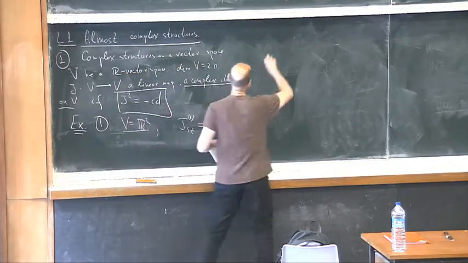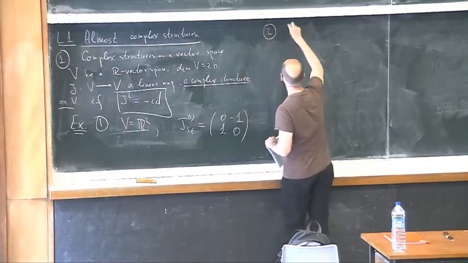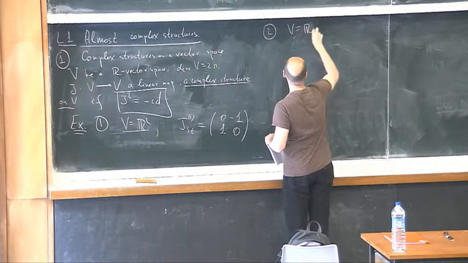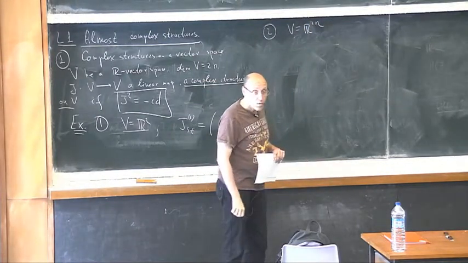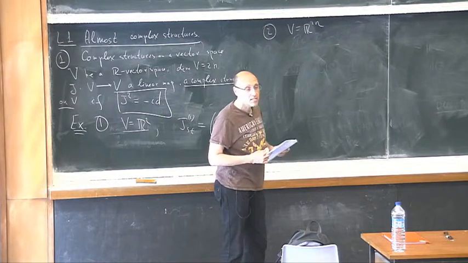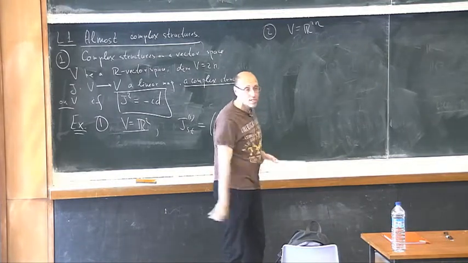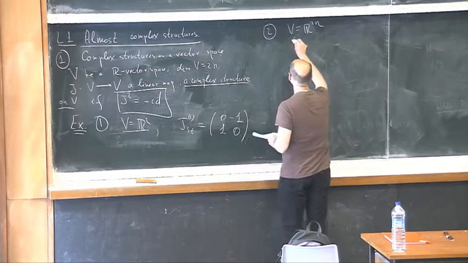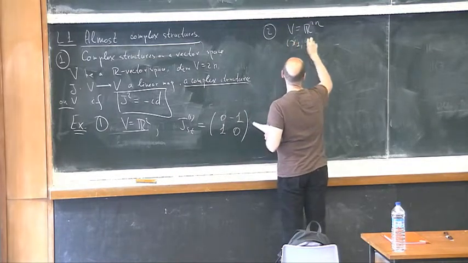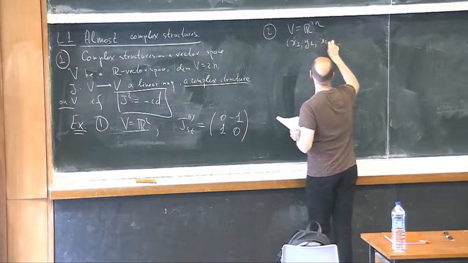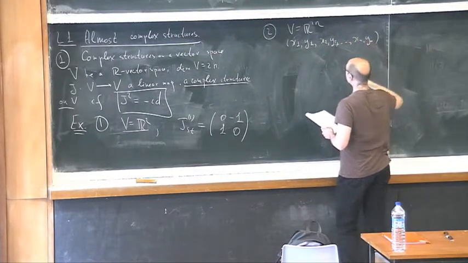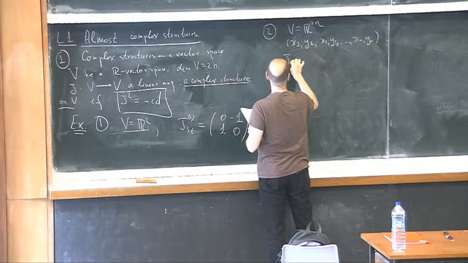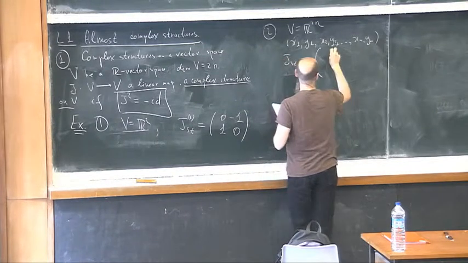We can increase, of course, the dimensions. So if we consider now V as R2n, then we can define the standard complex structure on the space. It depends, in fact, a little bit on how you write coordinates in the space. If you write the coordinates like this, then we can write the standard structure something like this.